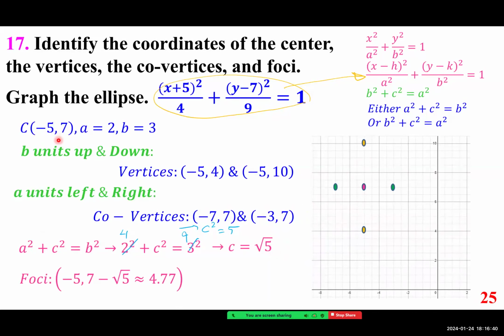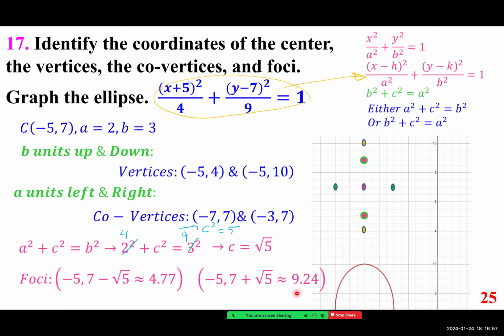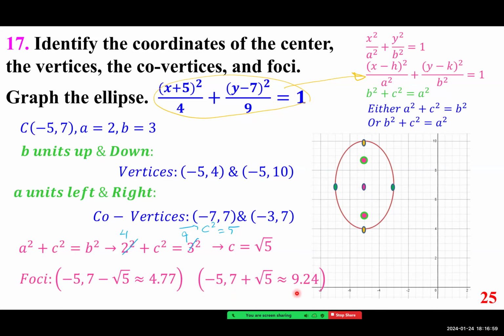So the x coordinate doesn't change. The y, you subtract and add the square root of 5. Those are the two pairs. And here's the graph. Okay, everybody.